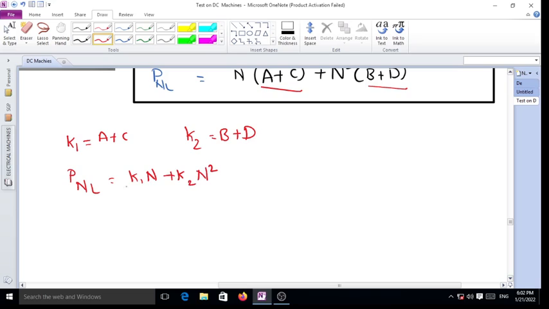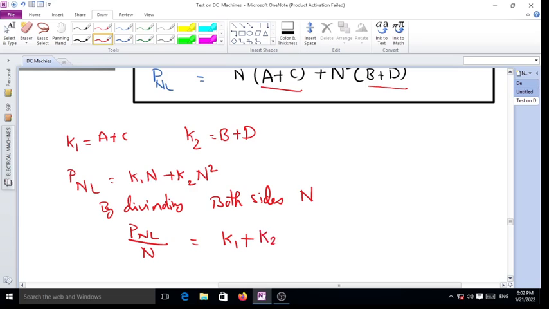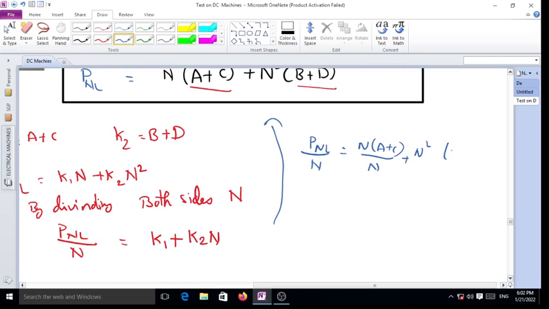By dividing both sides by n, we get P_NL by n is equal to K1 plus K2 n. Writing this equation, P_NL by n is equal to (A plus C) plus n of (B plus D).